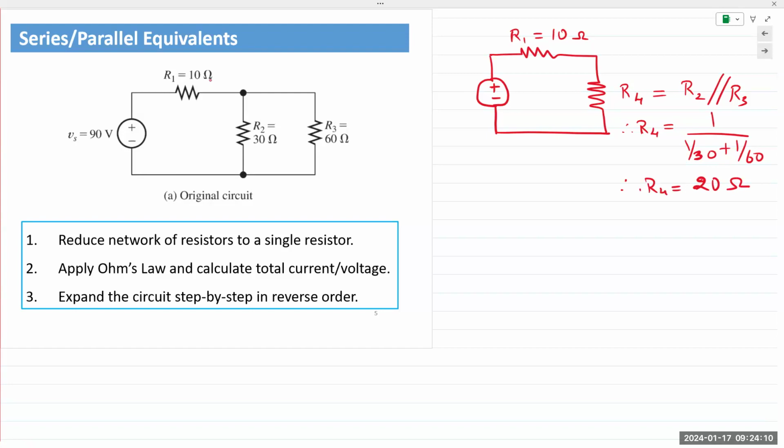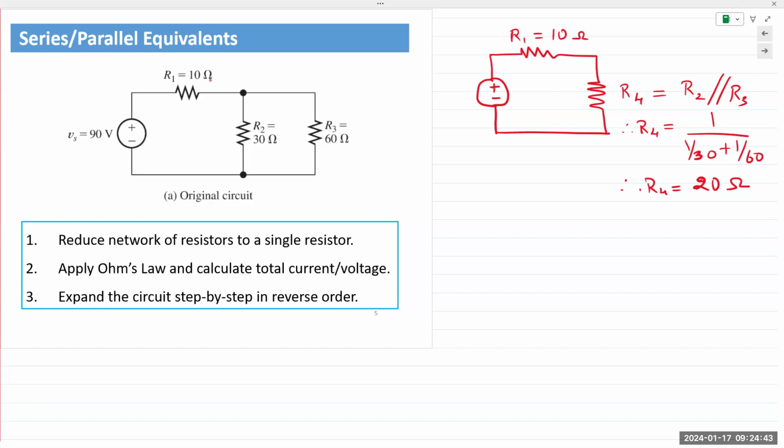Did that make sense? Two resistors in parallel. Just an easy technique. Okay, so we had 20. What do you notice about that 20 in relationship to the values of R2 and R3? It's smaller. So when you add up resistors in series, it's not quite obvious because our brains already know it, but we don't think about it, right?